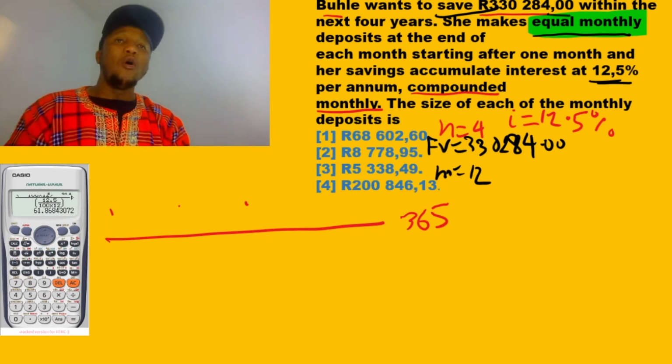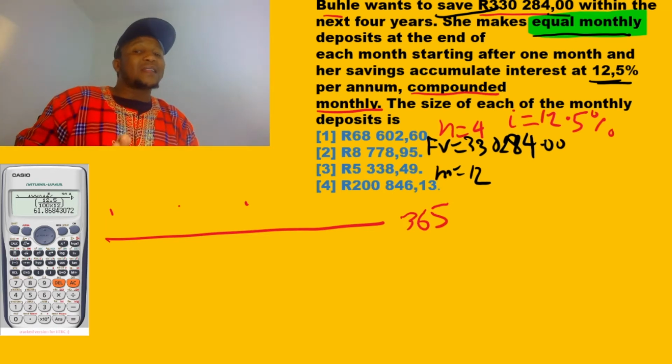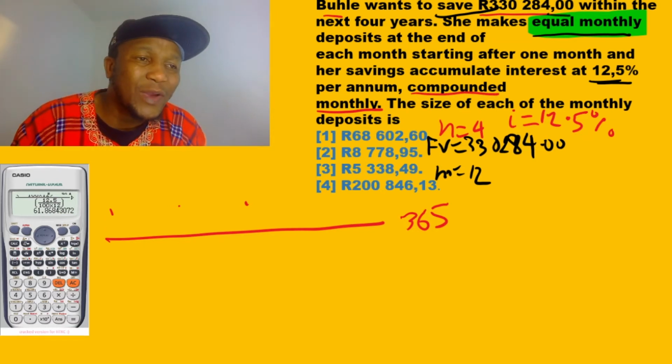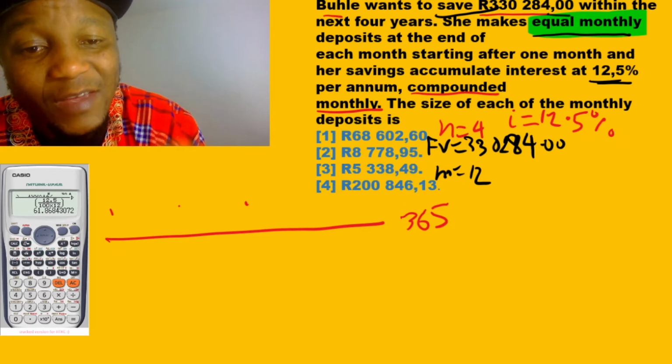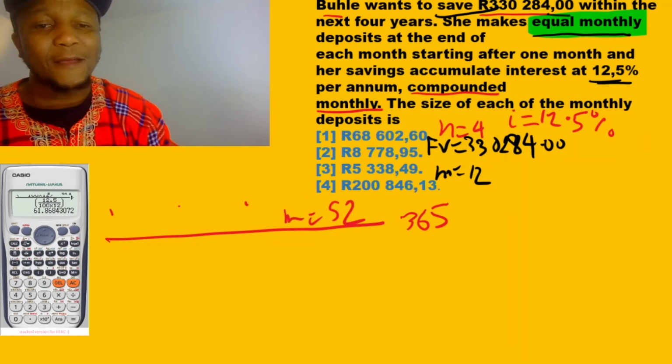Please don't ask, what if it's a leap year? Don't worry, you just write 365. If it was compounded weekly, how many weeks in 1 year? 52. So m is going to be 52, not 12, because there are 52 weeks in 1 year.